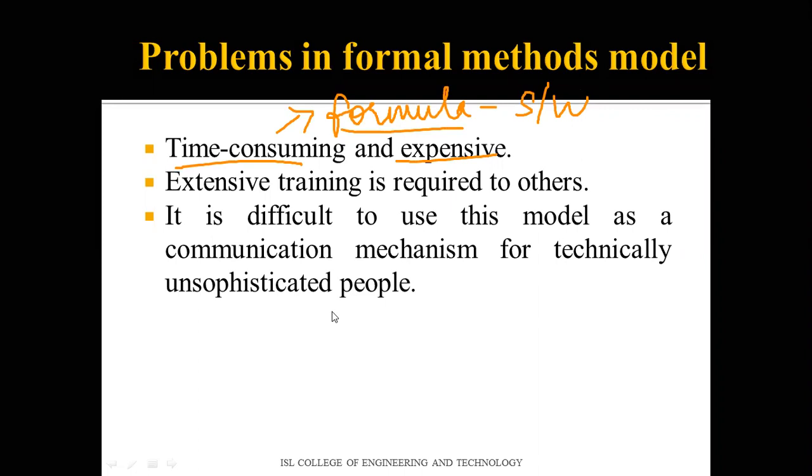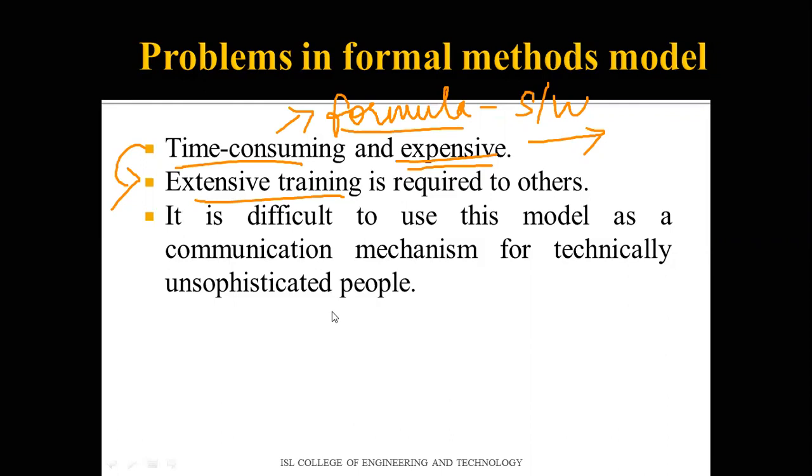That is why it is time consuming. And why is it expensive? It is expensive because it requires a lot of training. Now, why do we require this extensive training? Because every software engineer might not be good in maths. So he needs to identify and learn different mathematical techniques that are used to identify the data and analytics.